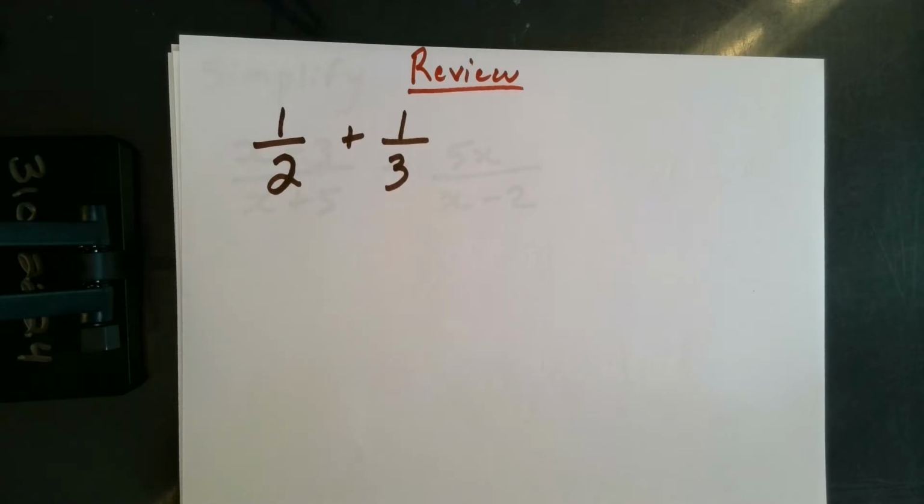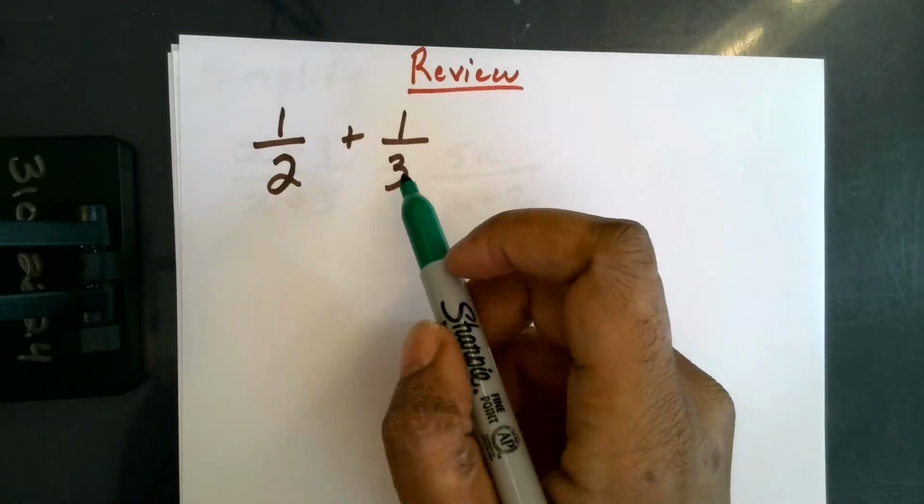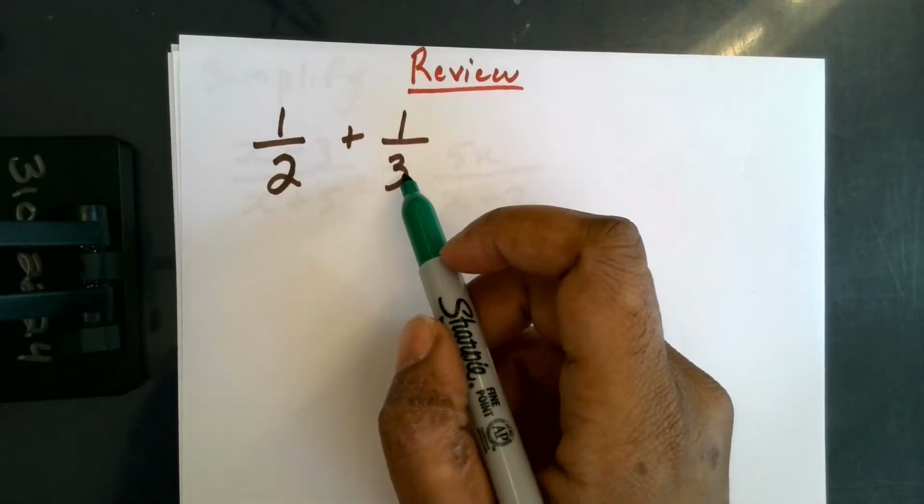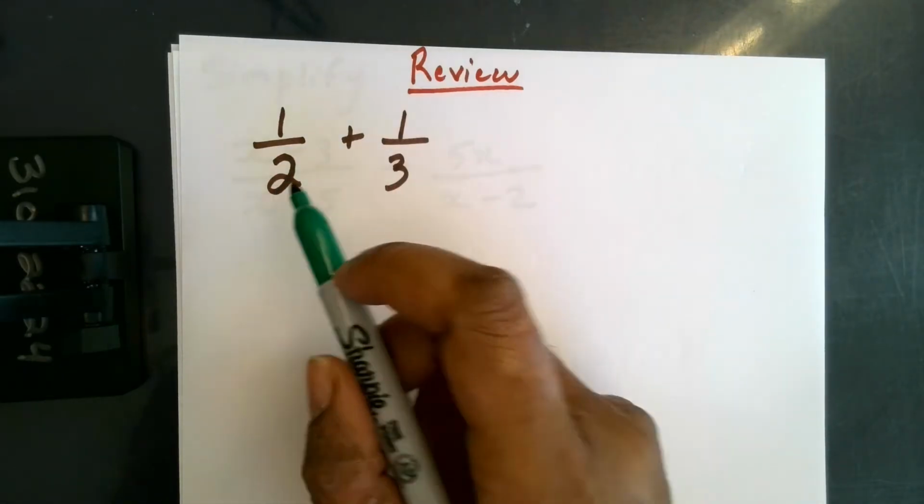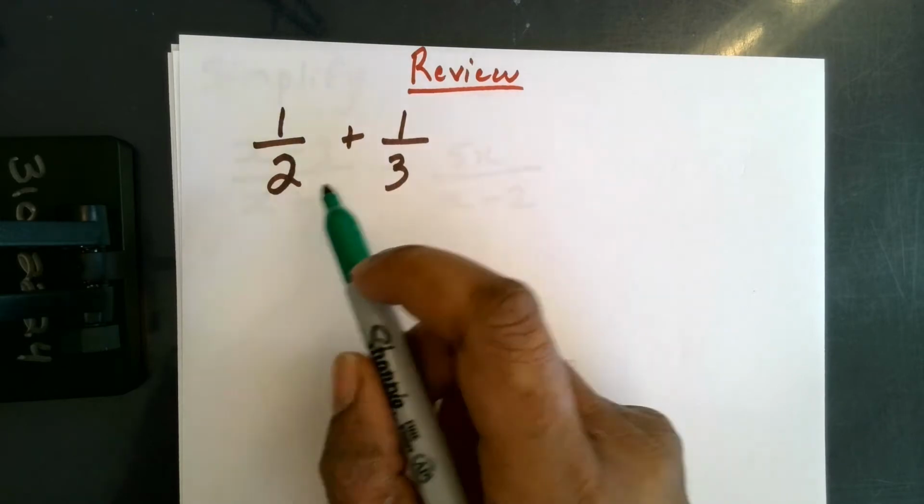Yes. In order to add these two fractions, we need to create a common denominator. Okay. The first step we need to take is we need to find a common multiple of these two numbers.